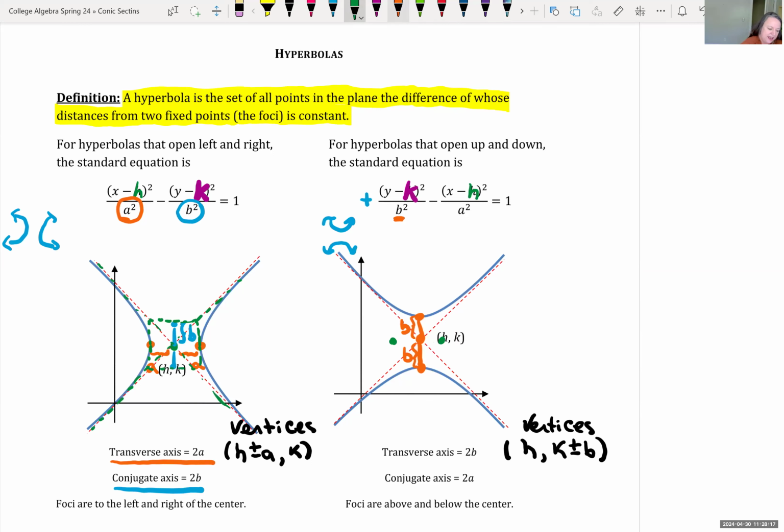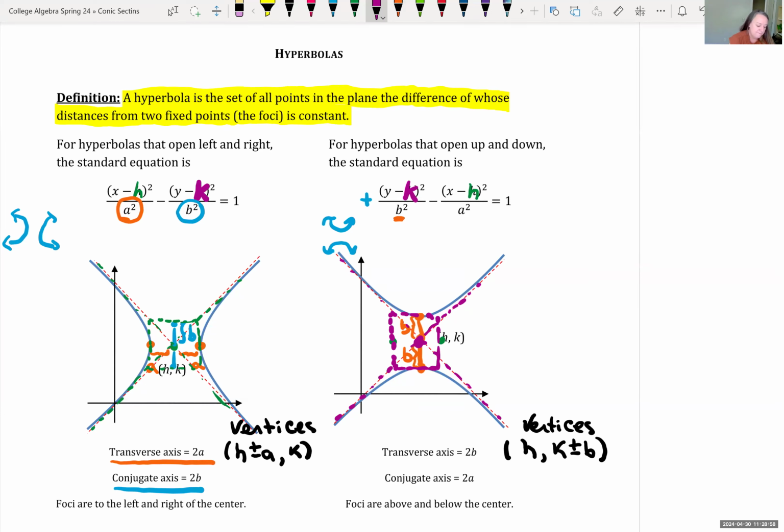If I formed a rectangle with these points and went through the diagonal, through the corners and intersecting the center, that again is going to give me these asymptotes. That's going to help me determine how skinny or wide this hyperbola shape is.